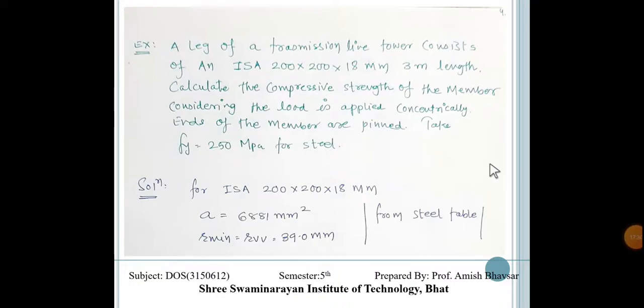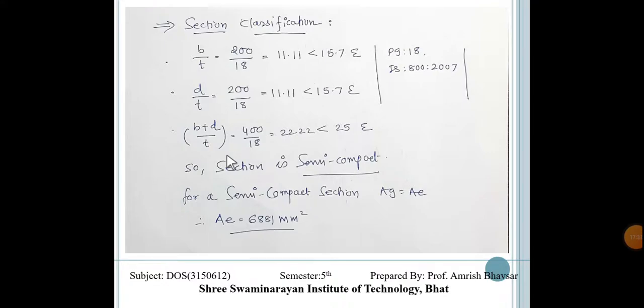Now open the code and see page number 18. We have to classify our section, and for that we have B upon T, that is 200 upon 18, which is 11.11, which is less than 15.7. Second, D upon T, again 11.11, less than 15.7.